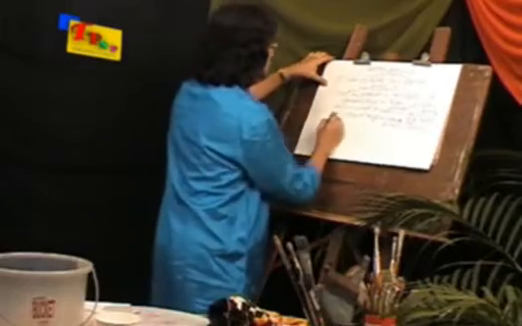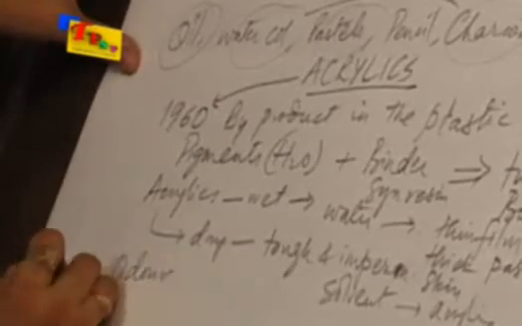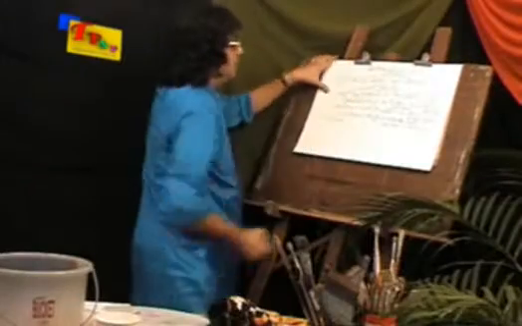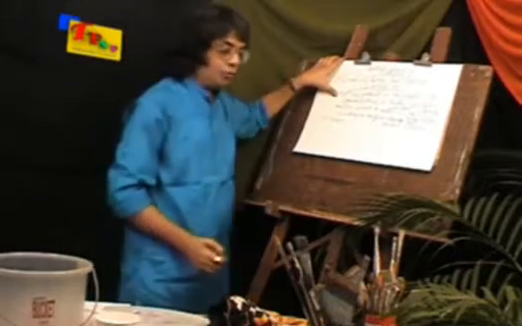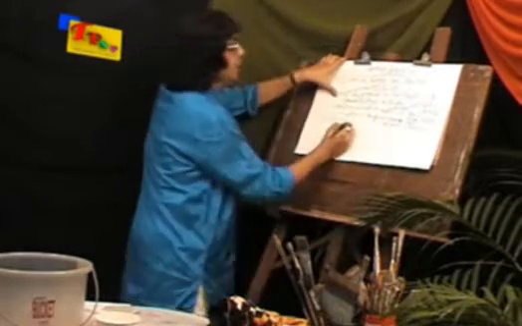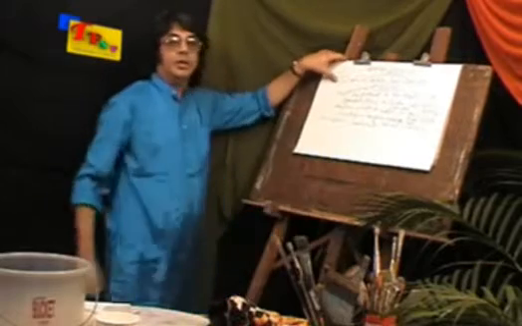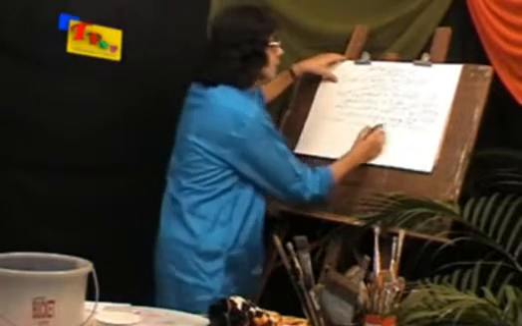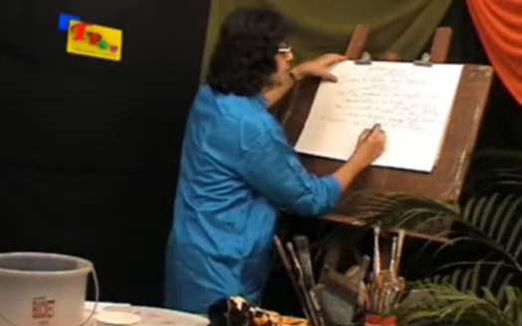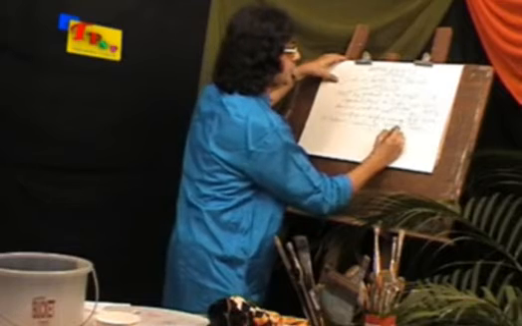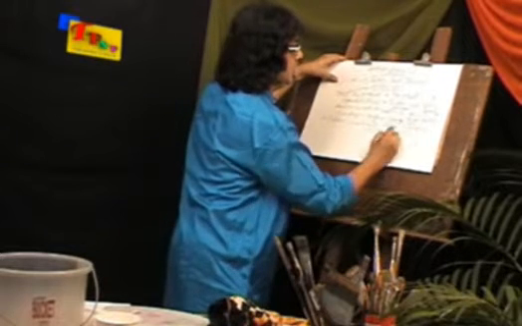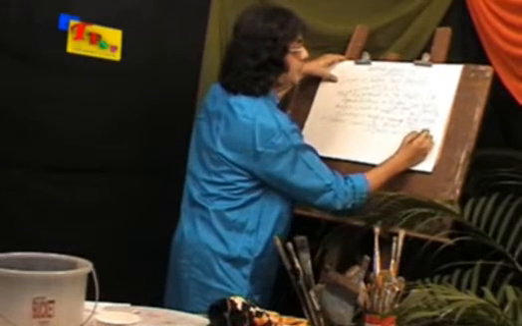They have no odor, unlike the oils and turpentine where you find a very obnoxious odor, and they can be combined with practically anything that you see. You can combine acrylics with sand, sawdust, even thin metal films.